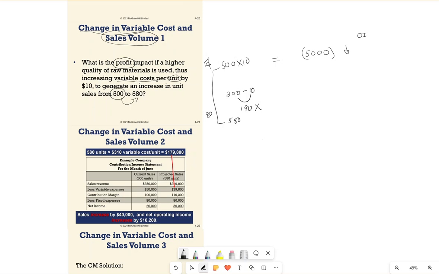In this case there's an increase in volume, which means we're going to have more contribution margin. So 190 times 80 will give you an increase in my operating income of 15,200. Altogether the overall change will be 10,200, and it'll be a positive change.